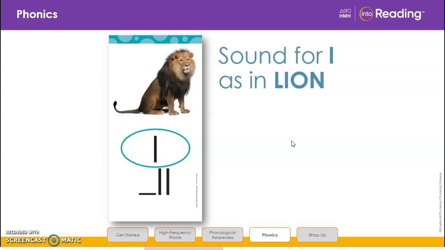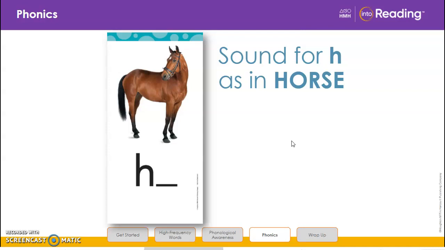Listen. L, lion, L. Say that with me. L, lion, L. Remember that horse begins with the sound h, and the letter H stands for that sound. Listen. Horse, H. Say that with me. Horse, H.